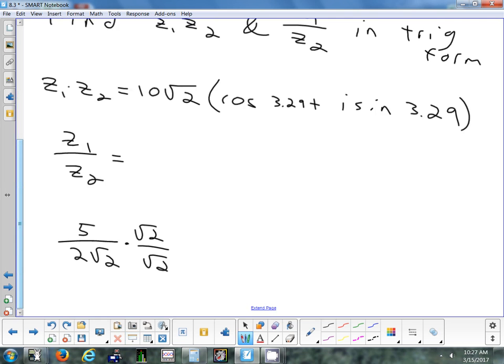Multiply top and bottom by square root 2. So we get 5 square roots of 2 over 2 times square root 2 times square root 2 is 4. Now, let's say this top number was an 8, then you would be able to reduce. Always reduce if you can. But 4 doesn't divide into 5, so I can't. So that's my radius: 5 root 2 over 4.